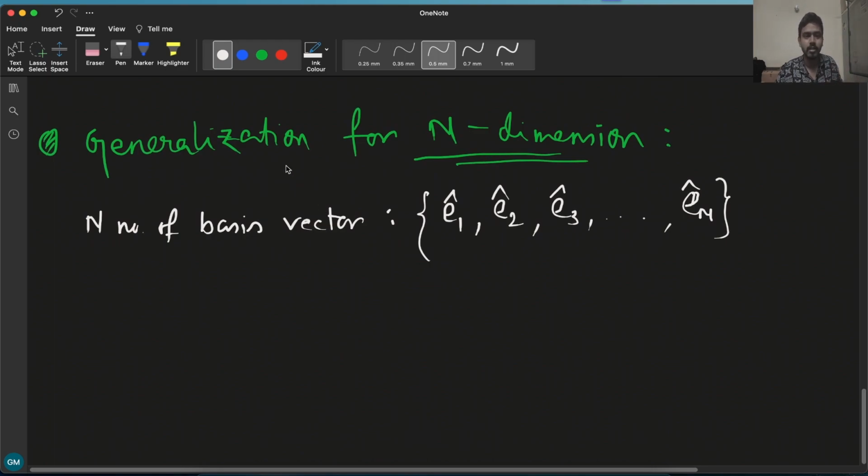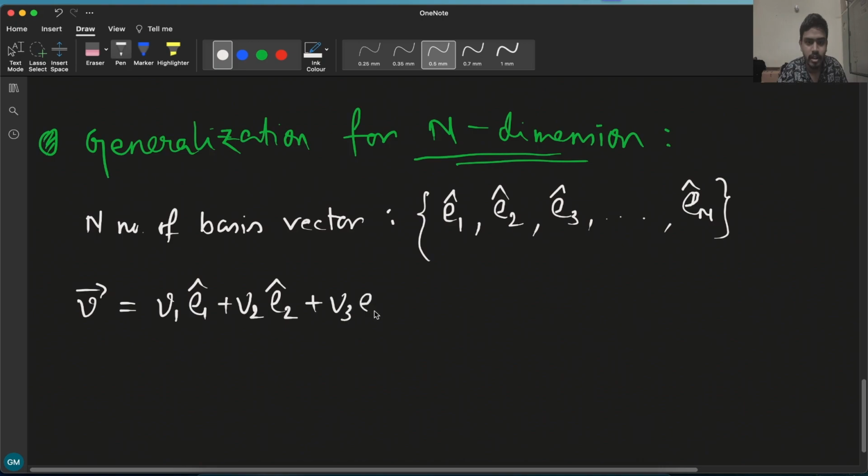So in that case, any vector v in n dimension can be written as a linear combination of these basis vectors, right? So it can be written as, for example, v1 times e1 plus v2 times e2 plus v3 times e3 plus dot dot dot plus vn times en, okay? And what are these v1, v2, v3, vn?